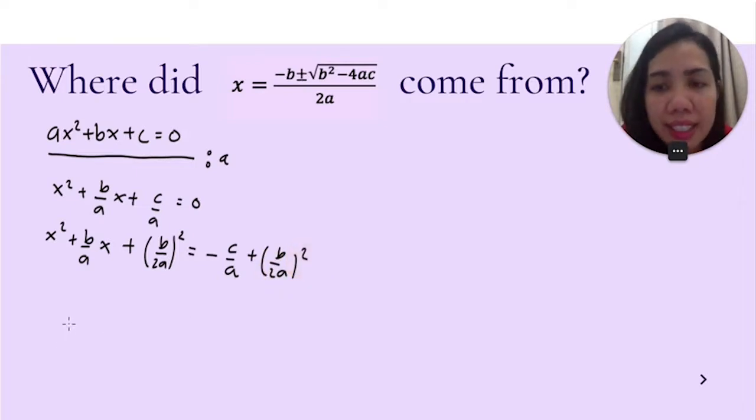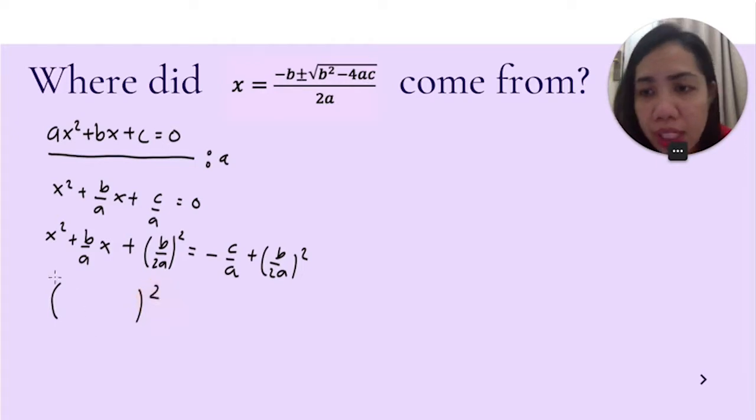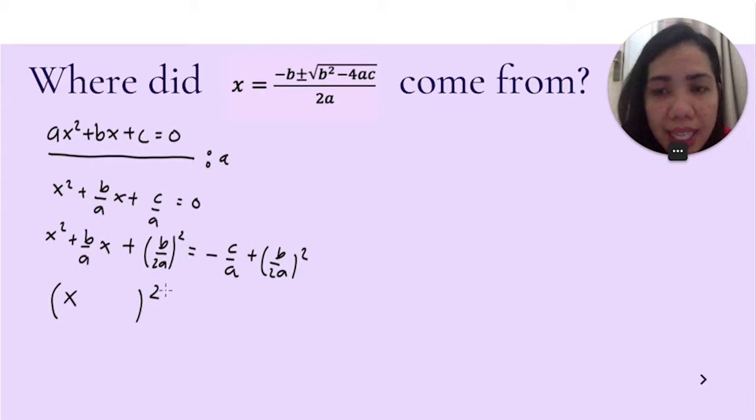Now it is easy for us to get the perfect square. Make the parentheses and put the square here, and then just take this x and also take this b over 2a, with a plus sign, and then we rewrite the right side. Now we need to simplify this first. Here we have minus c over a plus b squared over 4a squared.